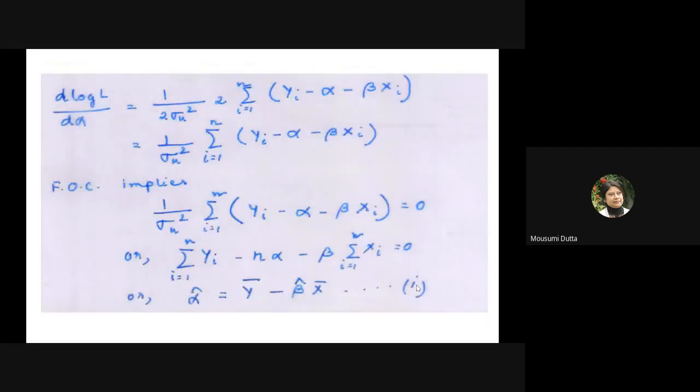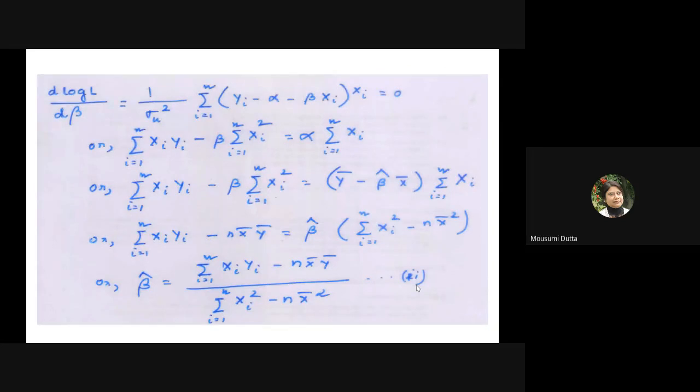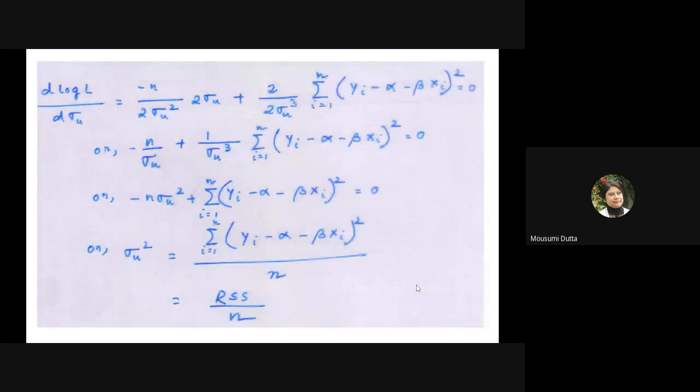Now if you look at the alpha hat value, it is y bar minus beta hat x bar, which is similar to the OLS value. Using the least square technique, you get this value. Beta hat is summation xi yi minus n x bar y bar divided by summation xi square minus n x bar square, similar, no difference. When you are finding the sigma u square value, there is a difference.